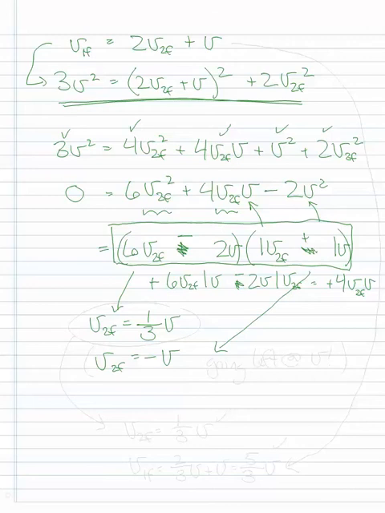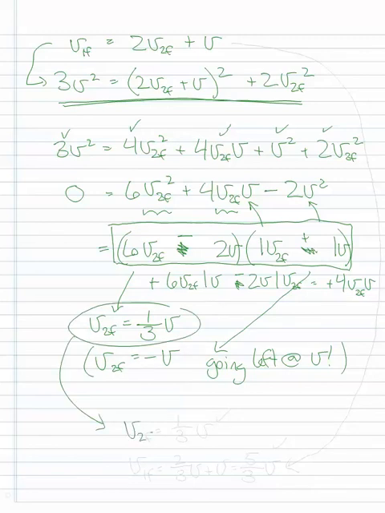But here's the thing. v2f equaling minus v means that the massive cart is going to the left. But that's actually the initial condition. So the math told us that that's what happens if they didn't collide at all. So that's not really that interesting to us. It's this one that's far more interesting.